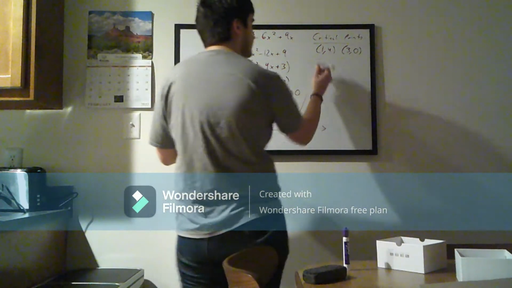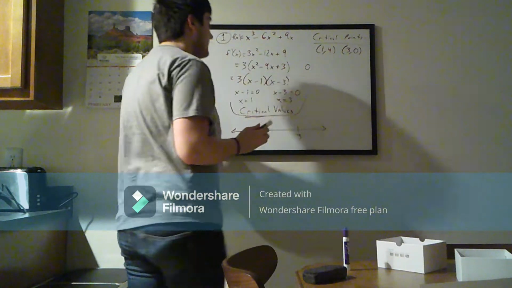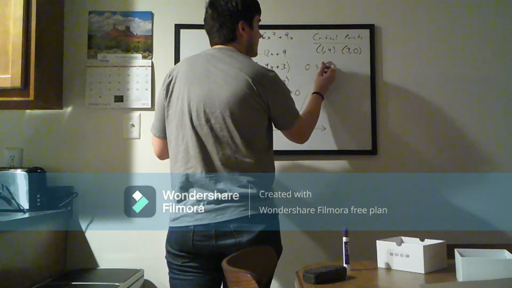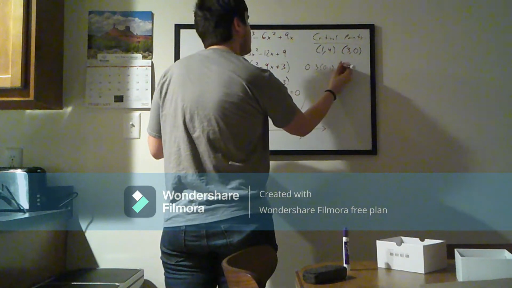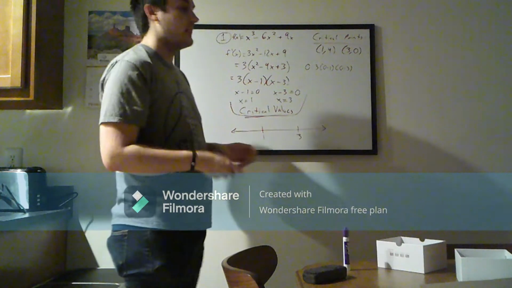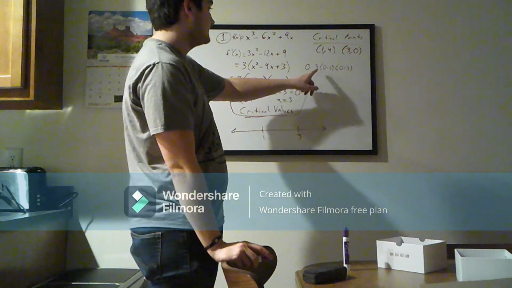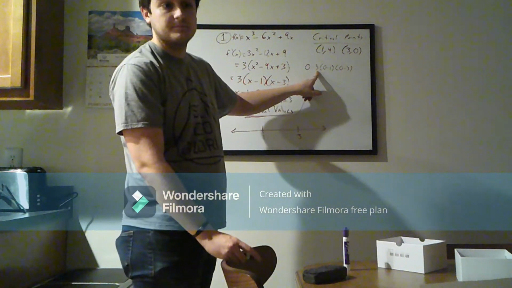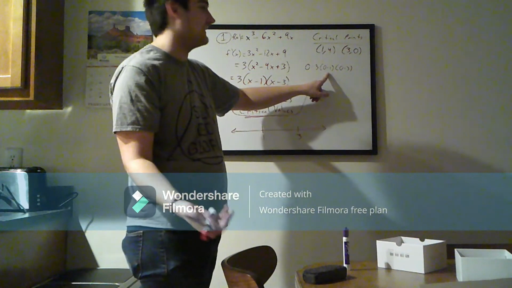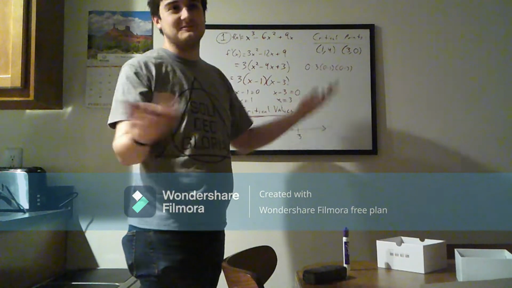So first, I'm going to take 0 and plug it in. If I plug in 0, I'm going to get 3 times 0 minus 1 times 0 minus 3. Okay, so what are we going to see here? We see that 3 is a positive number, negative 1 is negative, and negative 3 is also negative.